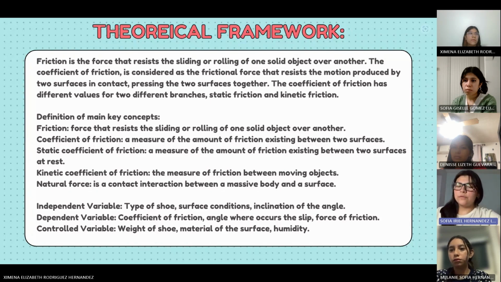Also, the normal force is the constant interaction between the body and its surface when it is in contact.